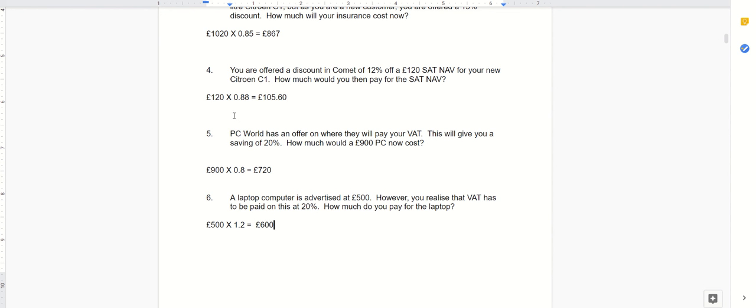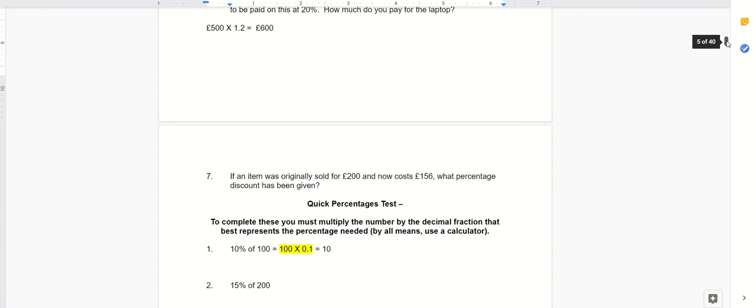Remember, when you're doing these types of questions in the exam papers, always put the full calculation there. Have we got any more on the next page? Okay, so I'm going to just answer this one quickly. What percentage discount has been given? This one's a little bit trickier. This is the sort of trick question type thing.